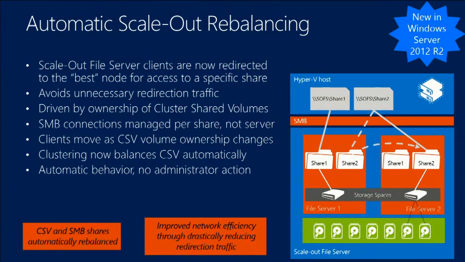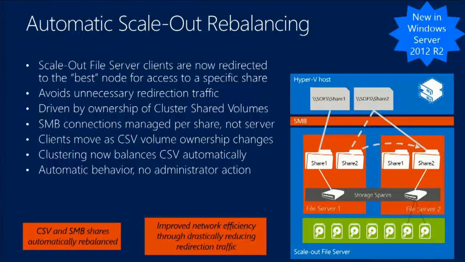Not only that, but we also delivered on the ability, on the CSV side, to spread our volumes across the multiple nodes. If you understand how Storage Spaces works, the coordination node for a given storage space will actually have better access to that data, and we are now aware of that.